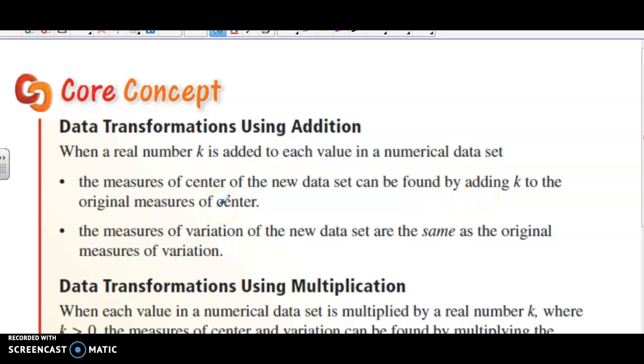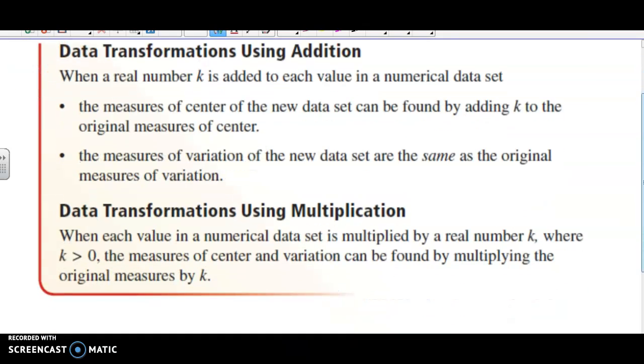So if they say you're adding 2 to every value, then you would just add 2 to the mean, median, and mode. The measure of variation of the new data set would be the same as the original. It wouldn't change because everything's still going to be the same distance away.